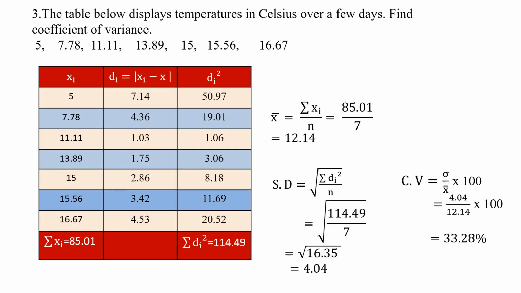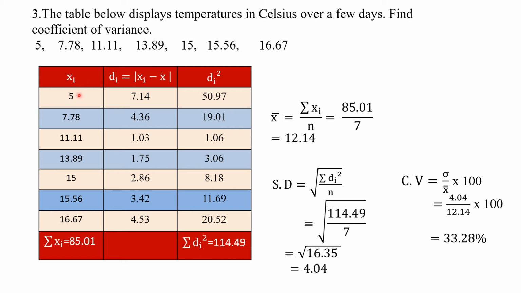The third example: the table below displays temperatures in Celsius over a few days. Find coefficient of variance. So the temperatures are 5, 7.78, 11.11, 13.89, 15, 15.56 and 16.67. So these are the n observations, xi's.